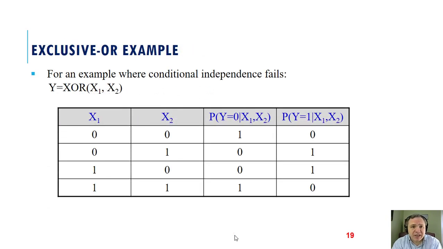So let's take a formal example to demonstrate a case where the naive or independence assumption fails. And this example is the XOR, or exclusive OR, logical operation. In a normal OR, when we have variable x1 and variable x2, OR would be false only in one situation, where both x1 and x2 are false.